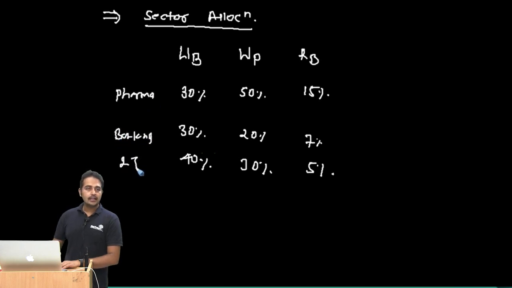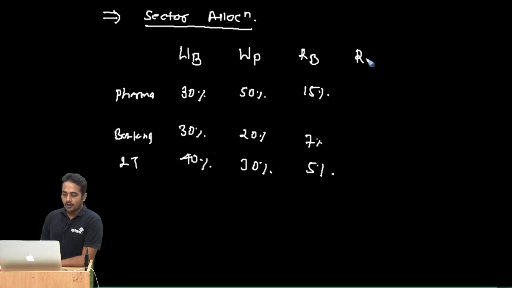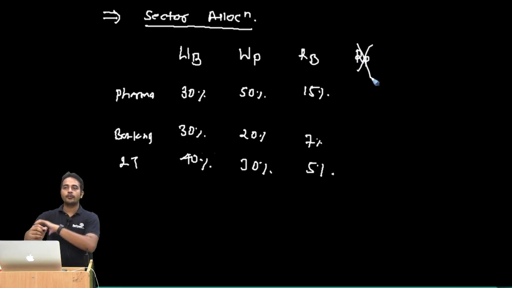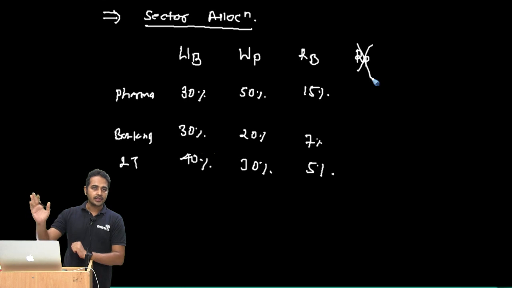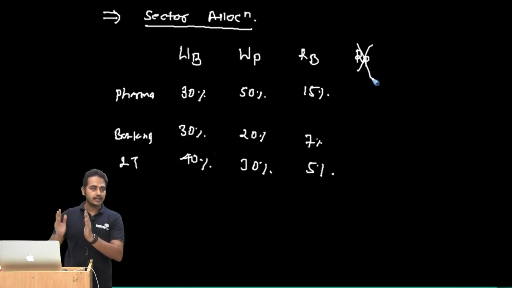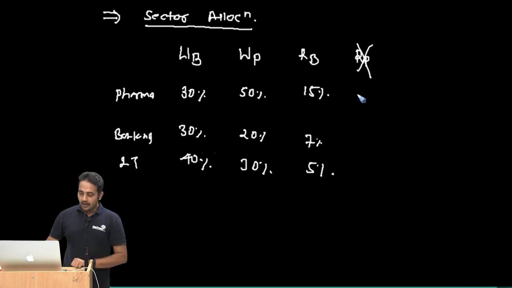But I am not going to plot return on the portfolio here because right now we want to keep the security selection constant, or we want to remove the impact of security selection. We just have to figure out the sector allocation impact. So we do not allow that fund manager to select the security.